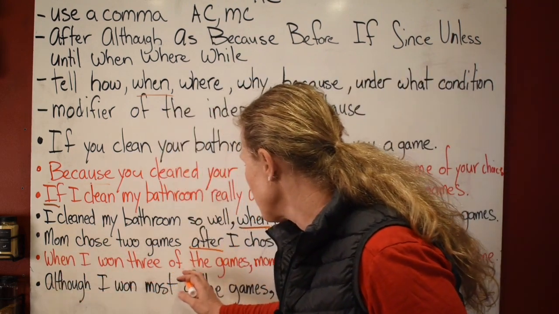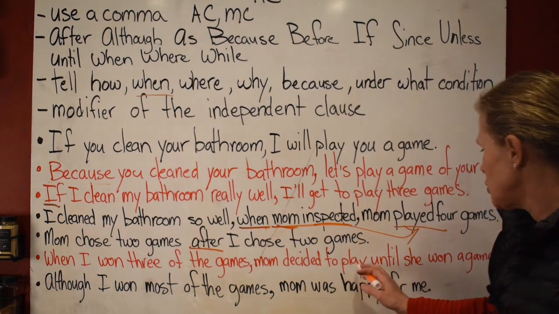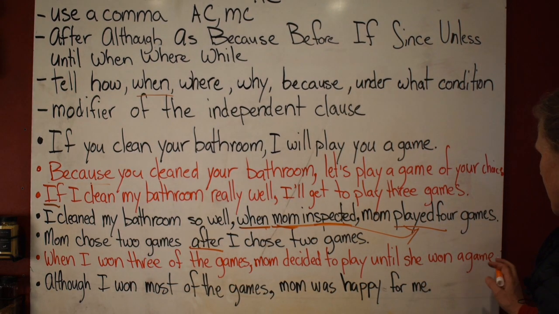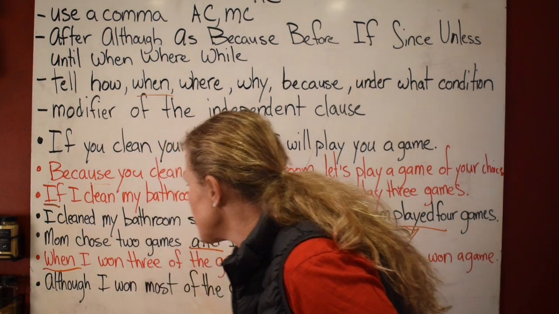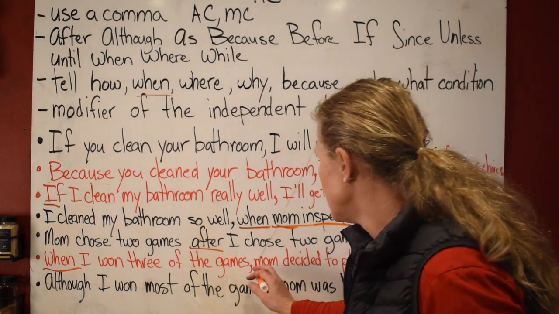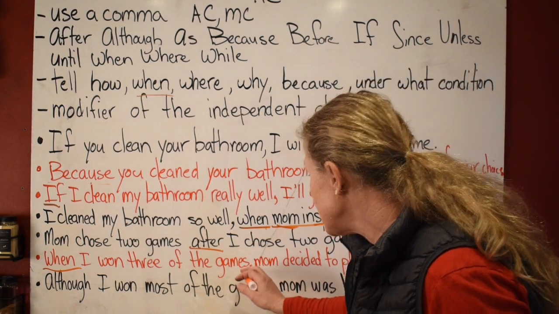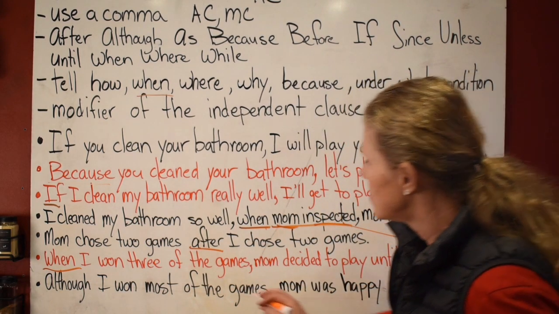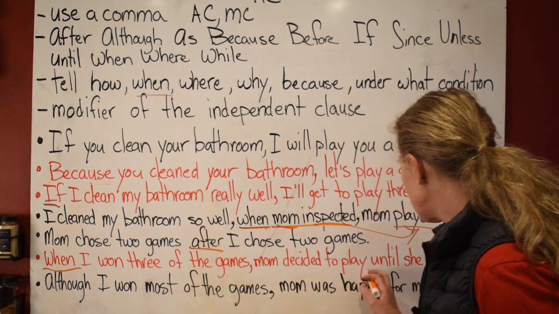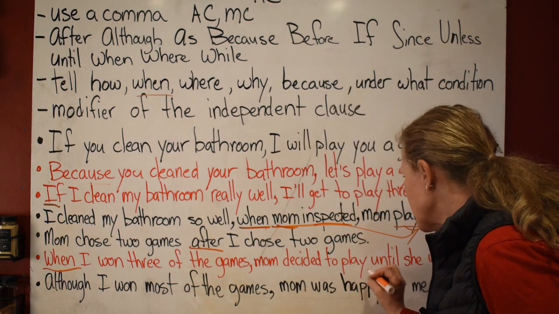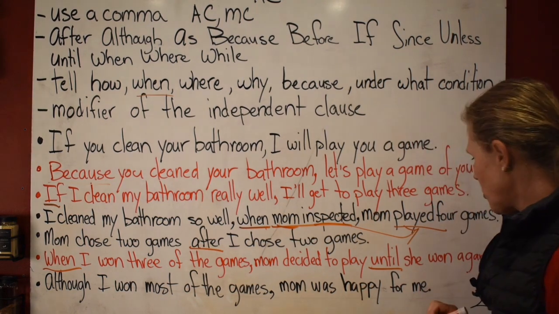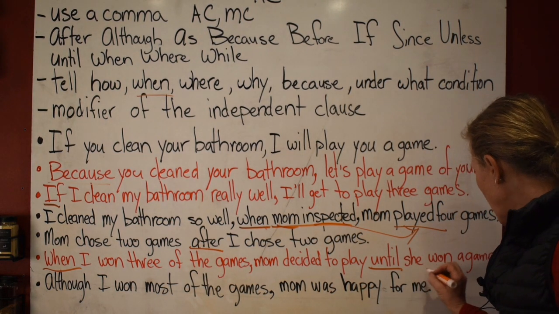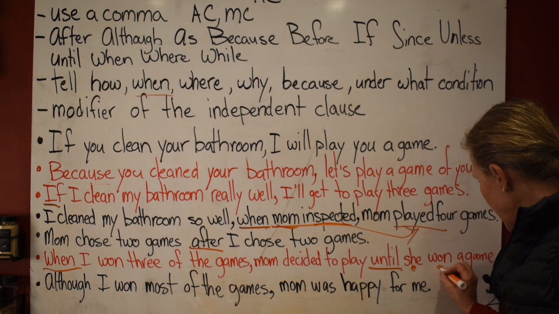When I won 3 of the games, comma, Mom decided to play until she won a game. Starting with a subordinating word, right? So that means it takes the comma. And then Mom decided to play. But look what we have here. Another subordinating word, until she won. See, a subject and a verb.